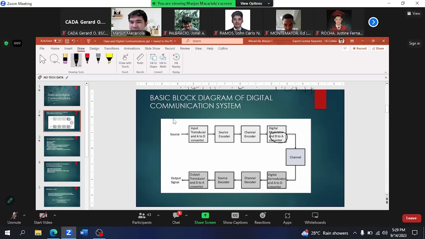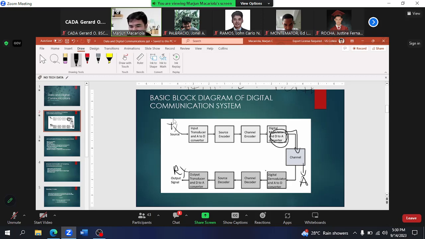So that is why during this phase, the digital signal is converted again to analog signal. Papasok siya sa channel, so ang output niya ay analog. So the channel allows the analog signal to be transmitted from the transmitter side to the receiver side.